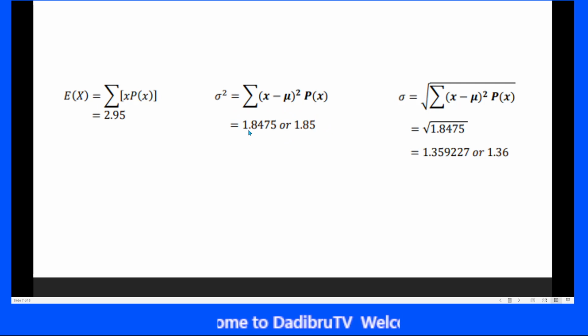Since the variance is 1.8475 or rounded to 2 decimal places, that is 1.85, that is equivalent now to 1.36 as the standard deviation. Okay, so where do we get 1.36? Just simply get the square root of the variance 1.85.